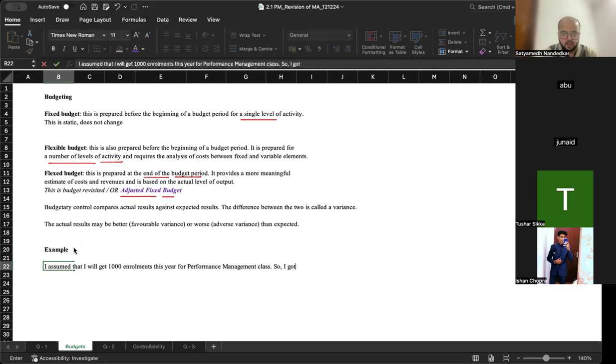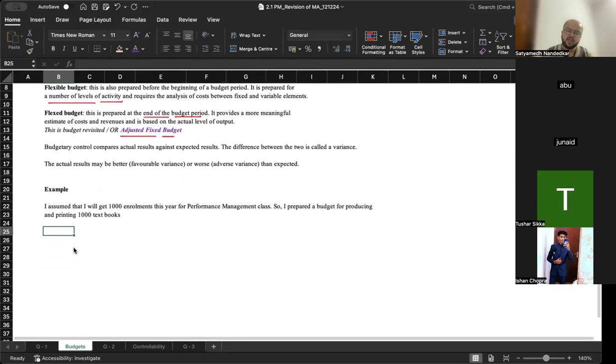So I prepared a budget for producing and printing 1000 textbooks.